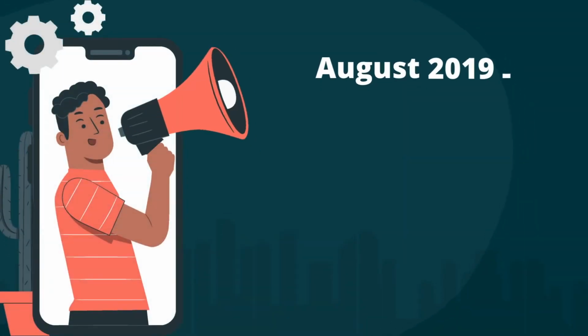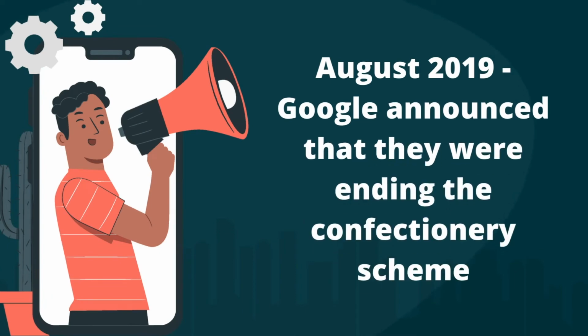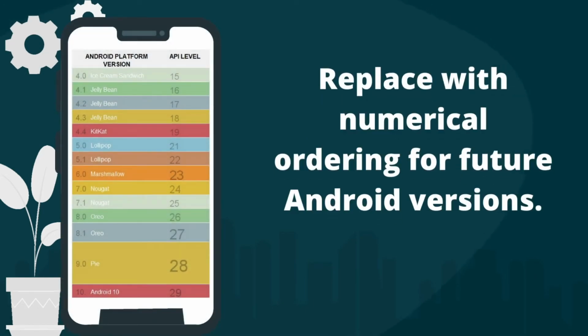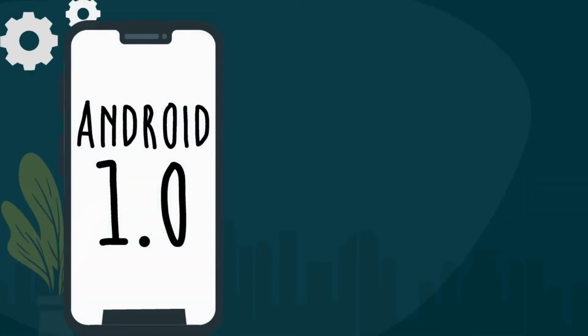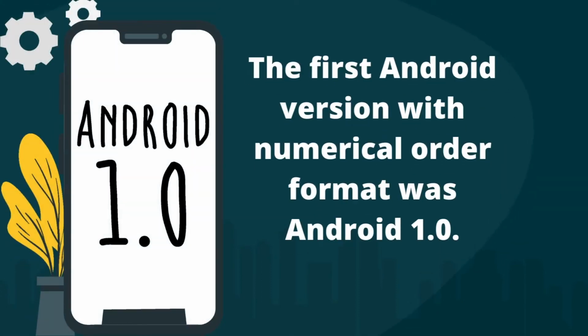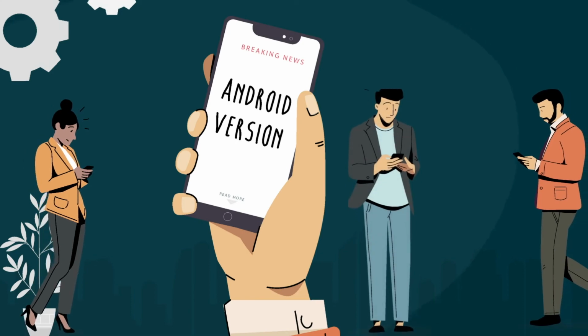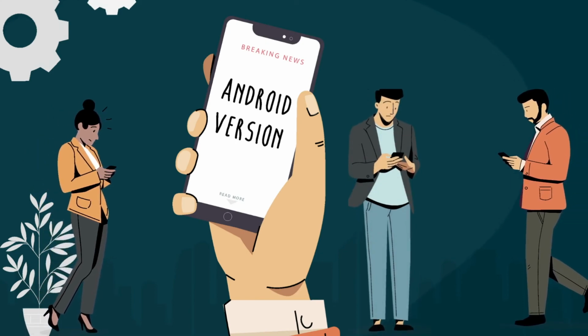In August 2019, Google announced that they were ending the confectionery scheme and would use numerical ordering for future Android versions. Now, let's see the list of the Android versions with codename and version number.